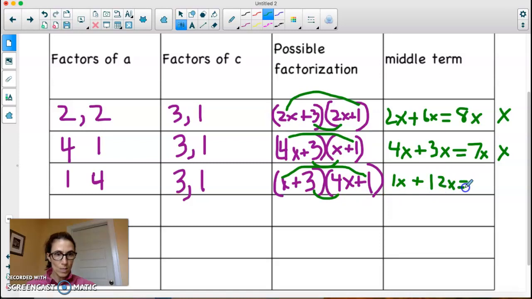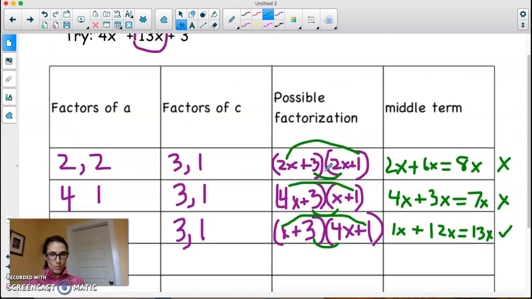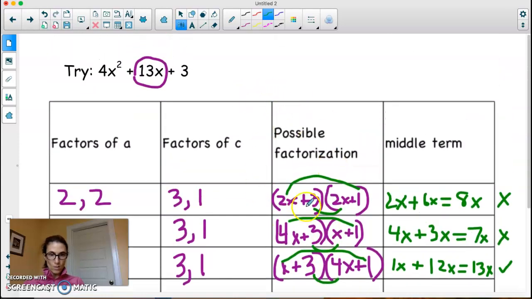If we add those together, we get 13x, which is what we want for our middle term. So these are the correct factors for 4x squared plus 13x plus 3. In factored form, that would be x plus 3 times 4x plus 1.